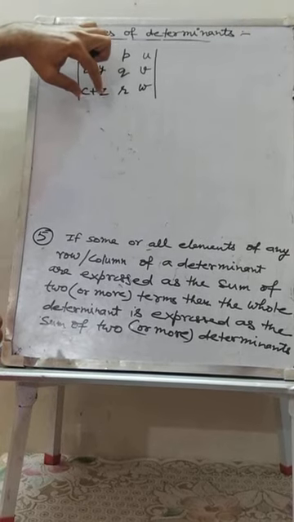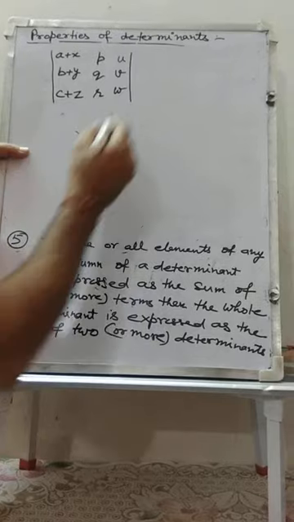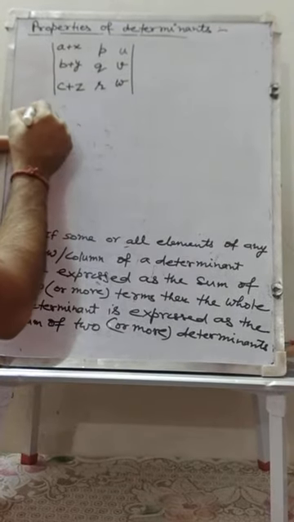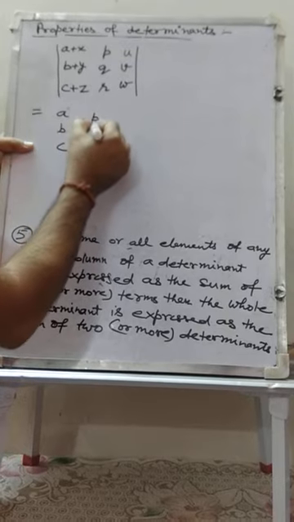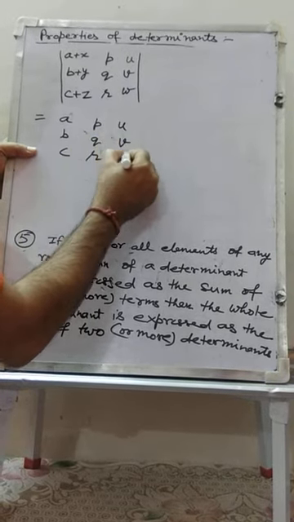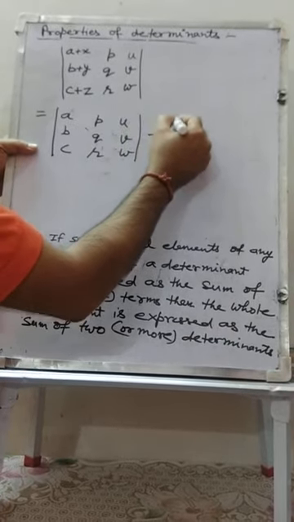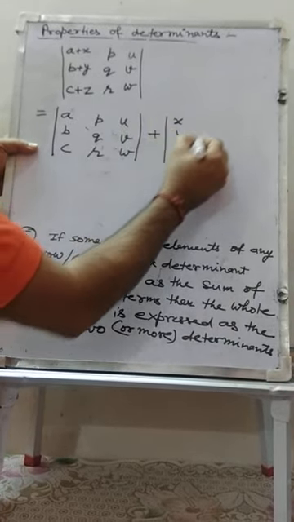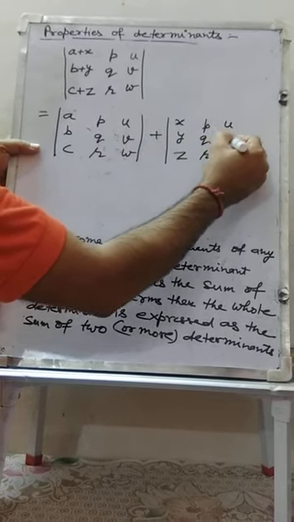So this can be divided into two determinants, and it may be represented as determinant ABC, PQR, UVW plus determinant XYZ, PQR, UVW.